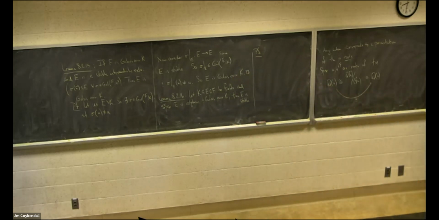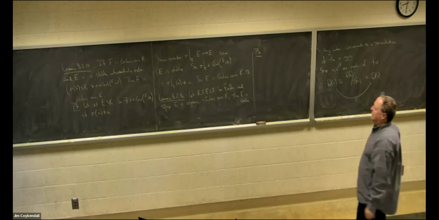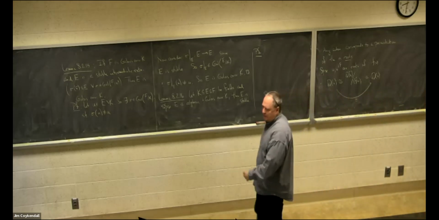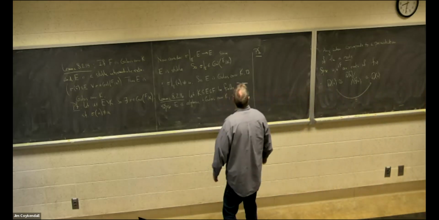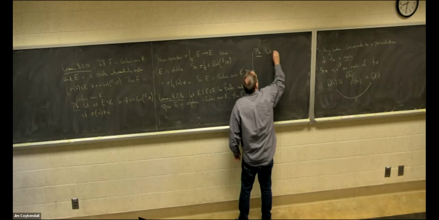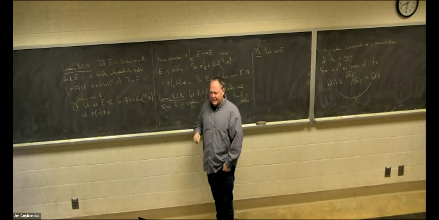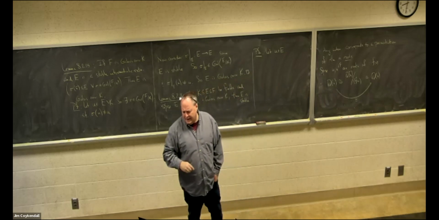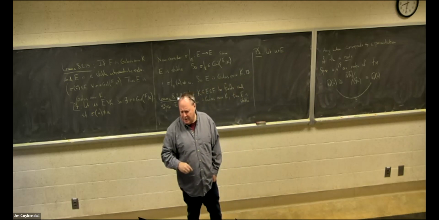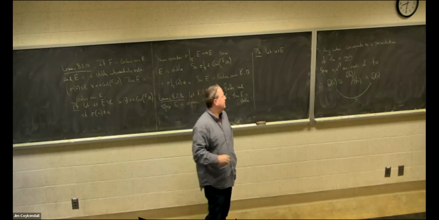So we need to show that for any element of the Galois group of F over K, any automorphism of F, it has to push stuff in E to something else in E. So let's let U be in E and let f be the minimal irreducible polynomial.